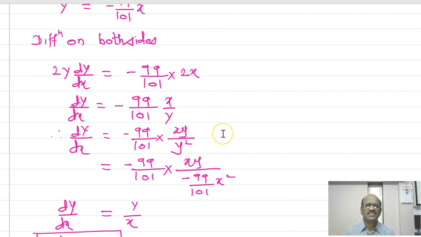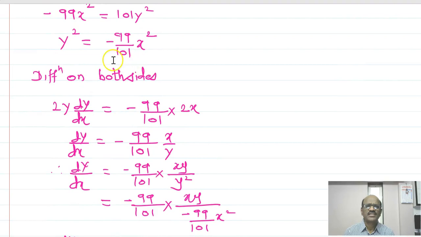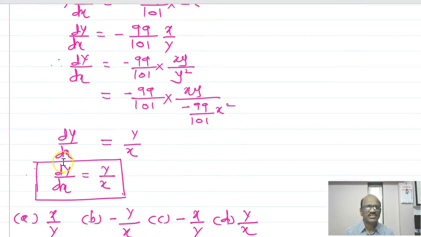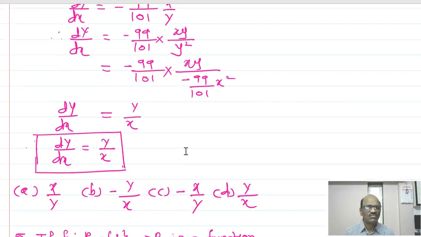Multiply numerator and denominator by y, then you will get xy upon y square. Because we are taking the value of y square from this equation and substituting, that is minus 99 upon 101 into x square, and after the simplification you are getting y upon x.